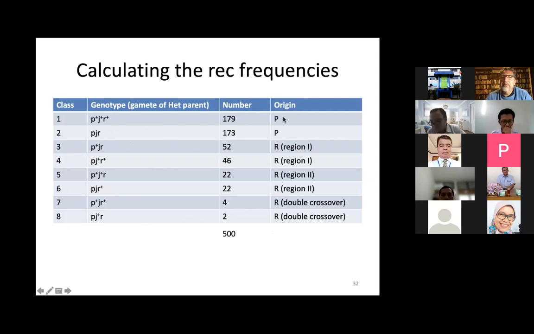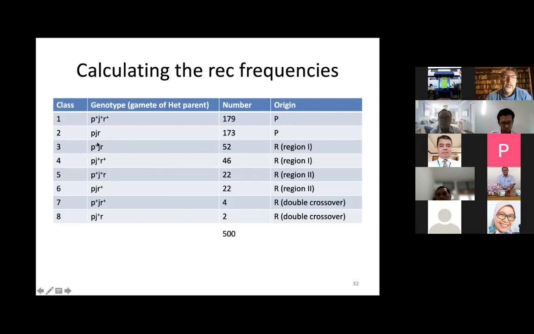And then you have the parental-like progeny, which are these two most frequent classes. And then you have 6 classes of recombination. And now we know that P and J are region 1, and J and R are region 2.